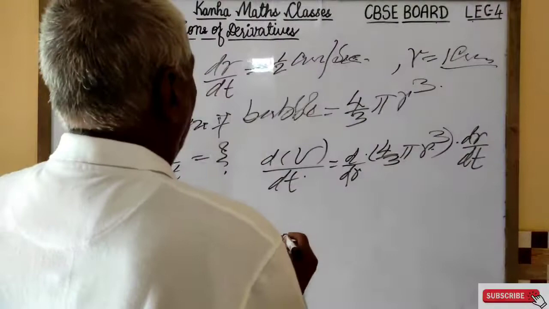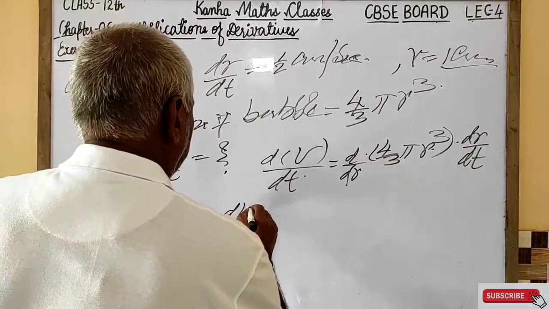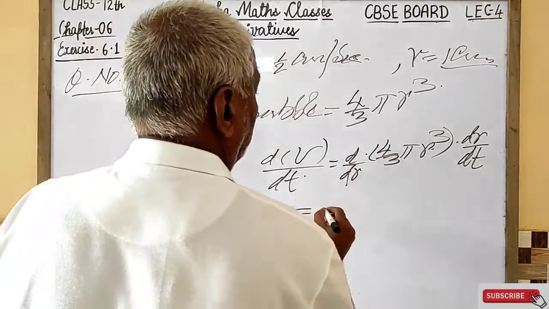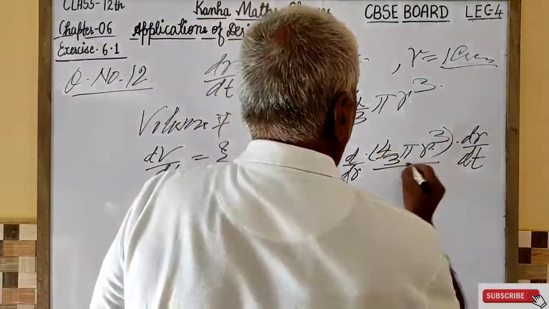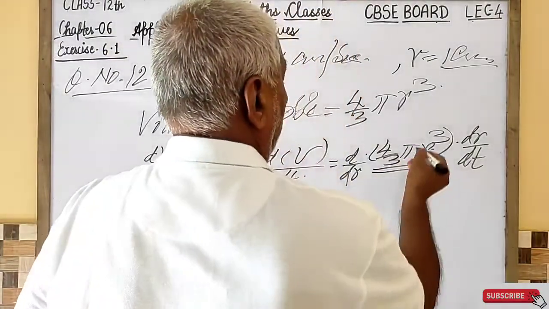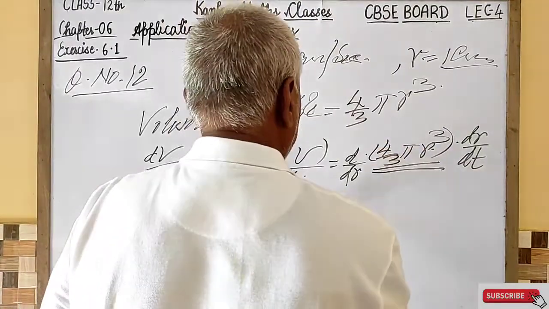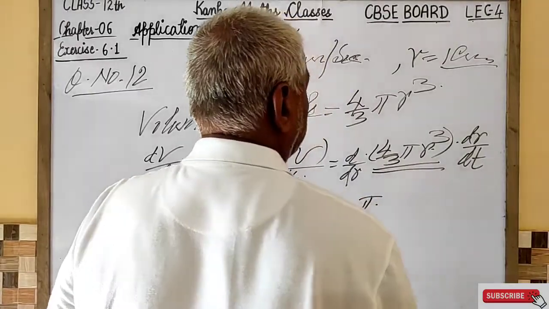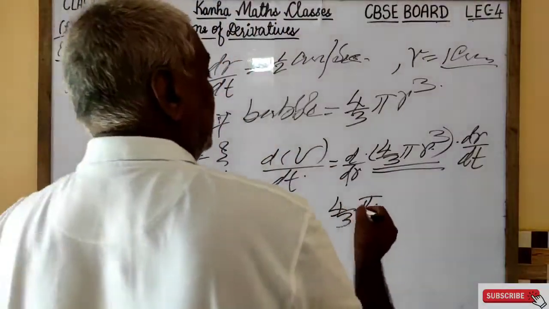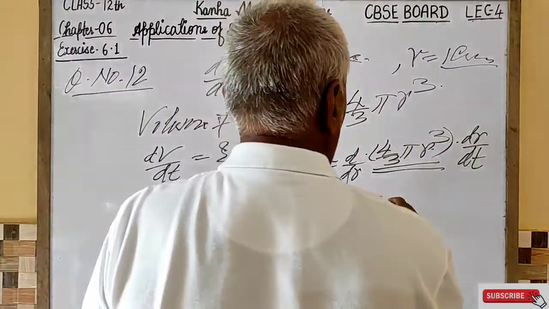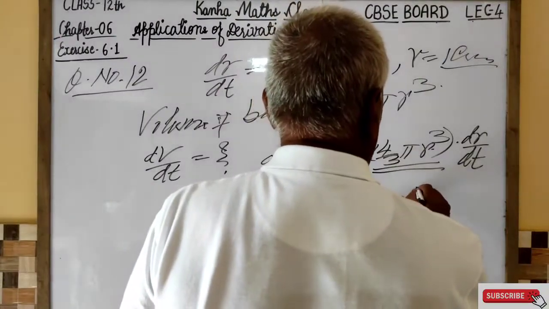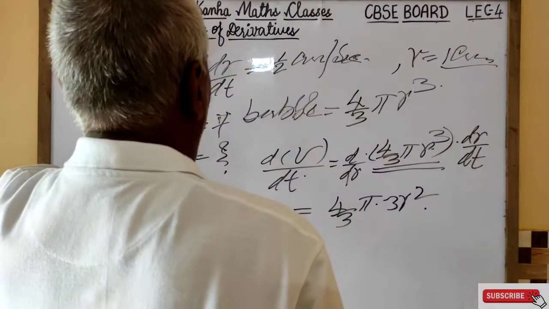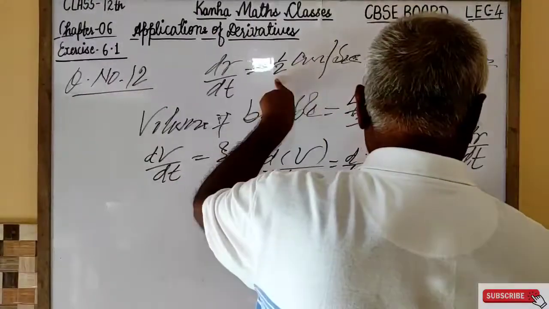Now dV by dt is equal to d by dr of 4 by 3 pi r cube. 4 by 3 pi is constant, and the variable is r cube. The derivative of r cube will be 3r square, and we have already stated that dr by dt is equal to 1 by 2.